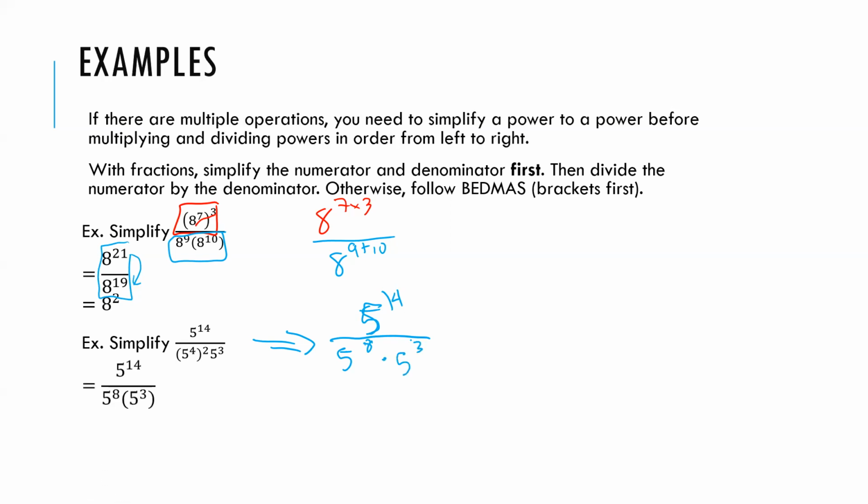Since I'm multiplying the two powers, I can add the two exponents, right? When you multiply powers with the same base, you simply add exponents. Then I end up getting 5 to the power of 14 divided by 5 to the power of 12. The last step, I simply subtract the two exponents, and I end up getting 5 to the power of 3. So hopefully that's making sense so far.